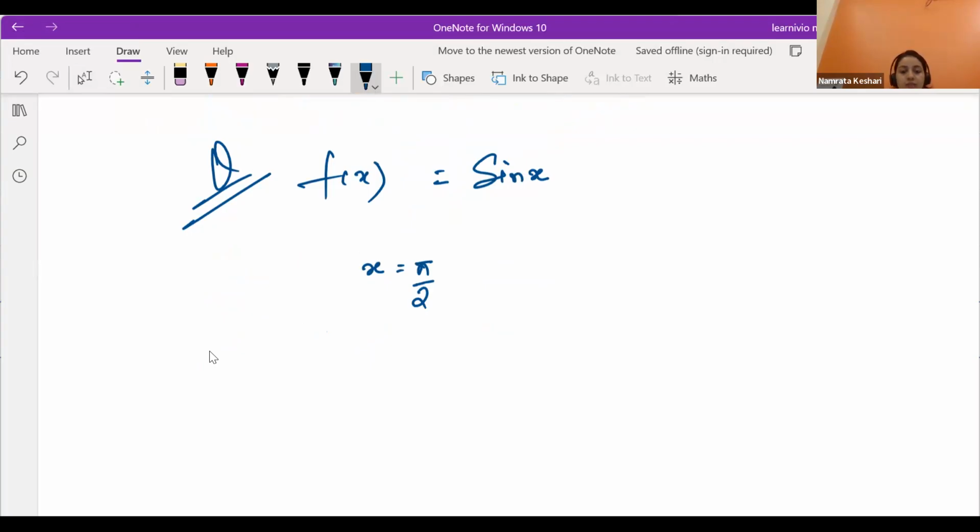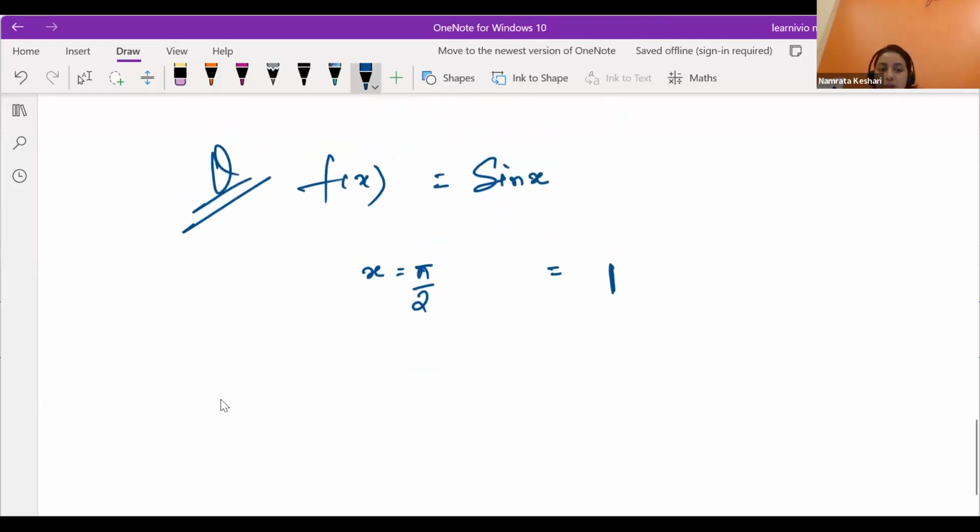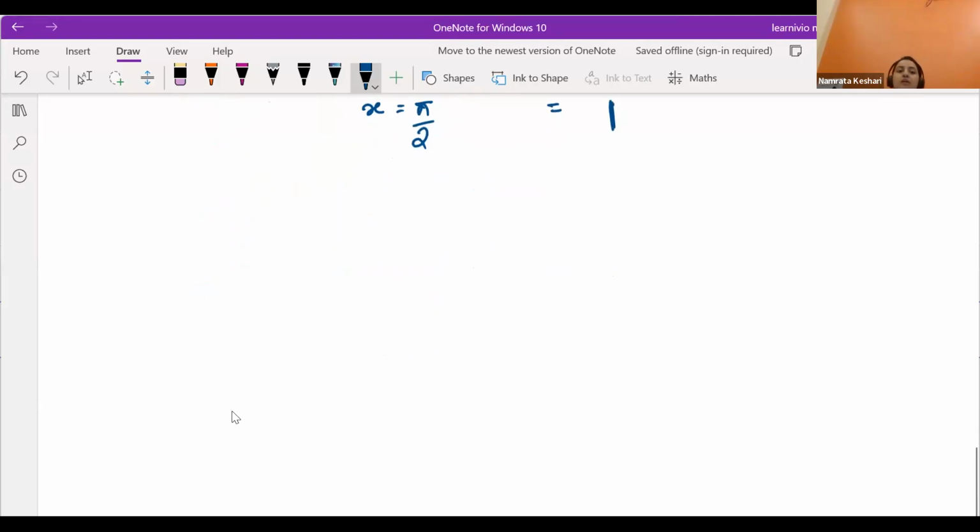When x equals pi by 2, sin pi by 2 will be 1. Yes or no? Yes, ma'am. Okay. Here the function is defined at x equals pi by 2, and the output will be 1. When x is approaching pi by 2, then also we will be able to see the same pattern.